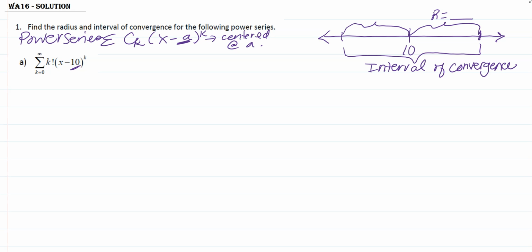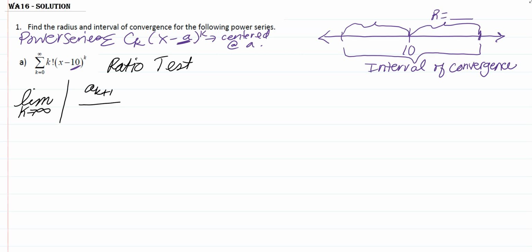In order to find out what the radius or interval of convergence is, we need to apply either the ratio test or the root test. In this problem, the ratio test seems appropriate, so that's what I am using. The ratio test says take the limit as k goes to infinity of the absolute value of a sub k plus 1 divided by a sub k.